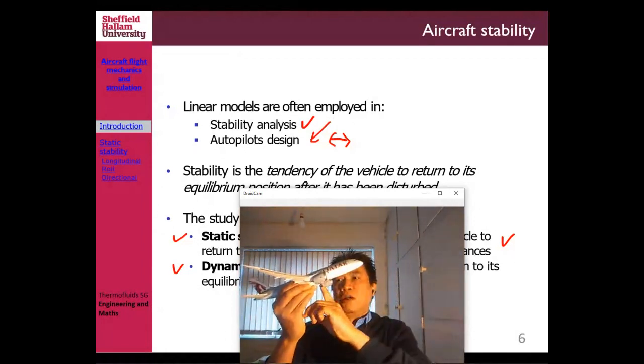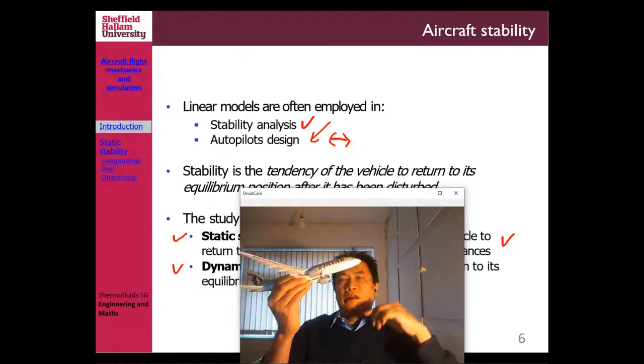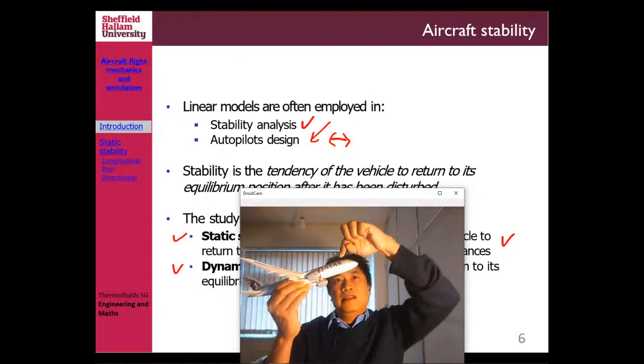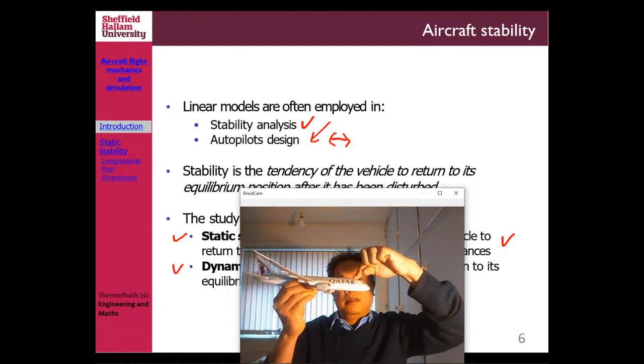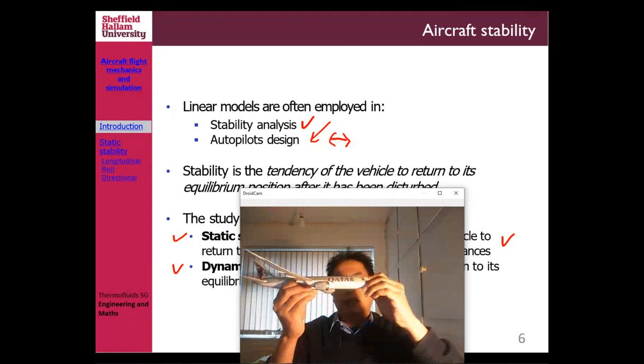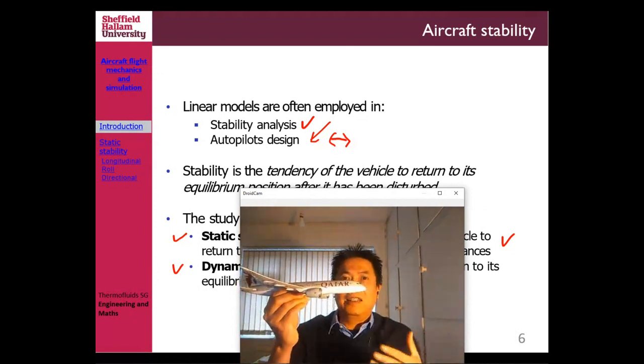Your aircraft is considered stable if it has a tendency to push the nose back to the equilibrium or steady state condition, right? Now, if it has a tendency like that, you could consider your aircraft statically stable, or to have positive static stability.